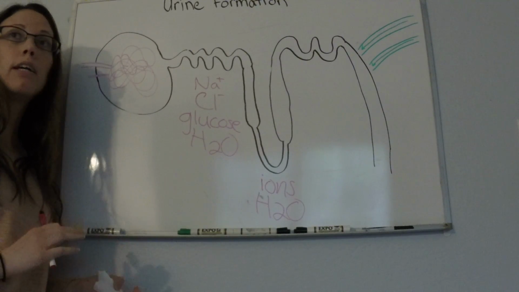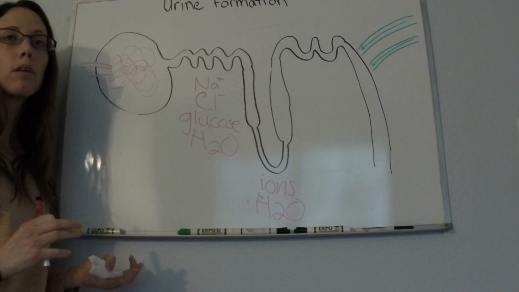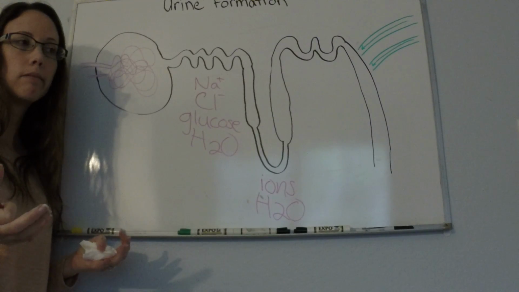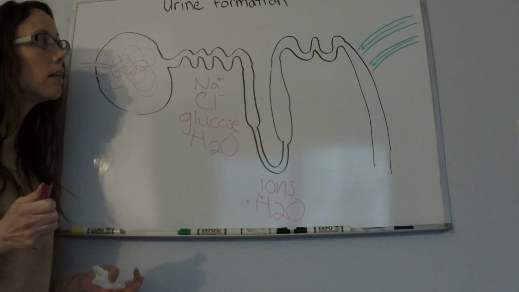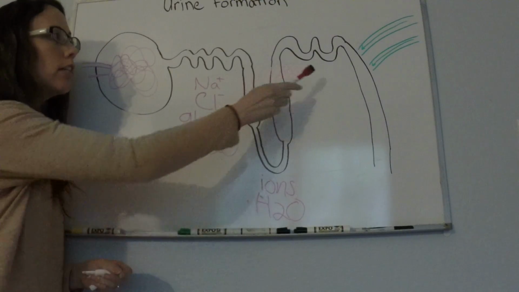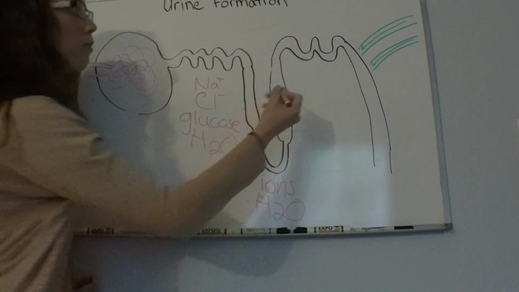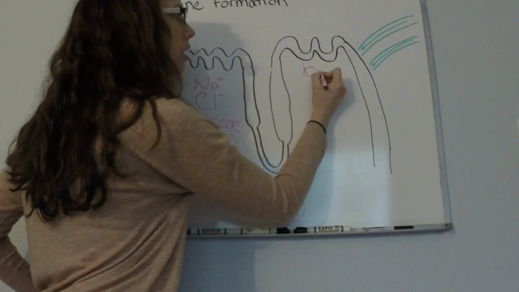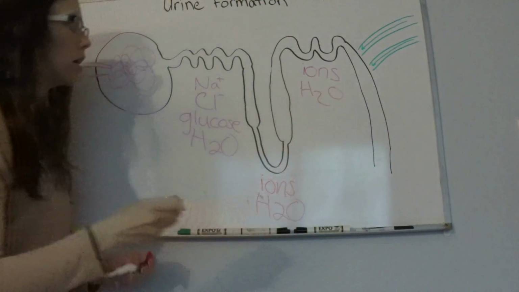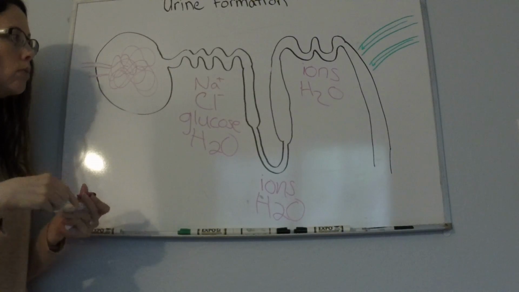So if the blood is basic or acidic, the reabsorption of ions to counteract that will occur in the DCT. So we've got, again, more ions and more water. So that's our tubular reabsorption.